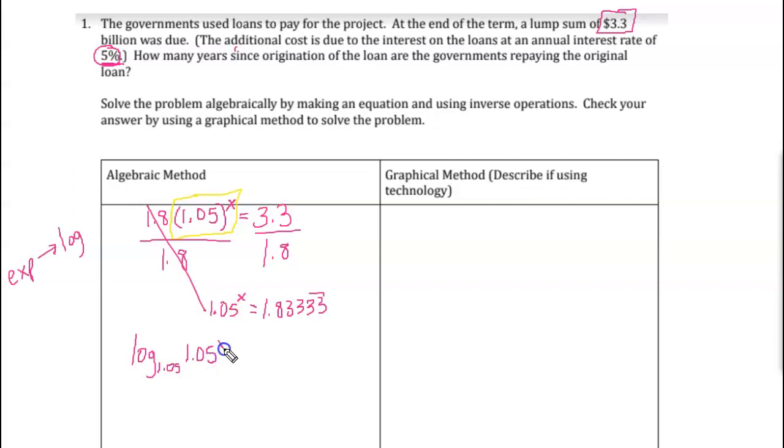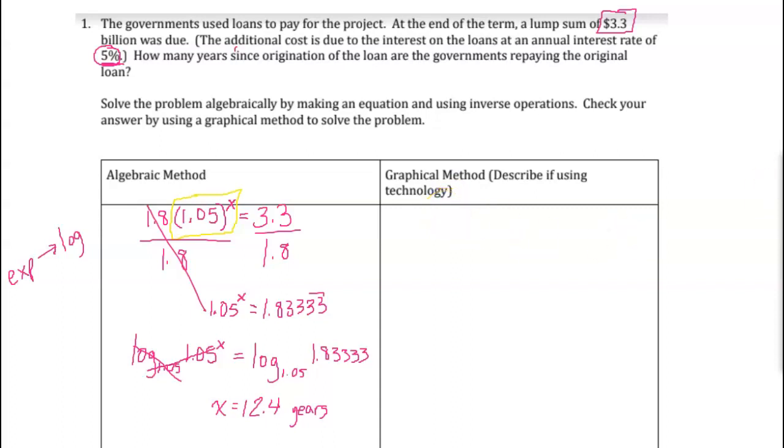So if I take log base 1.05 of both sides, then my log and my exponential will undo one another, and I'll just be left with x on this side. And when I take log base 1.05 of 1.8333, I get roughly 12.4 years. Now it asked us to check it graphically.